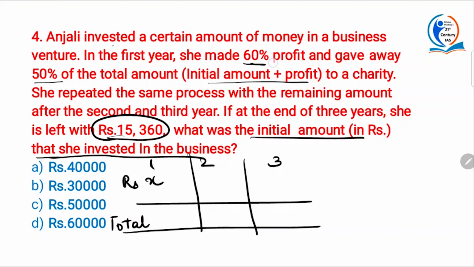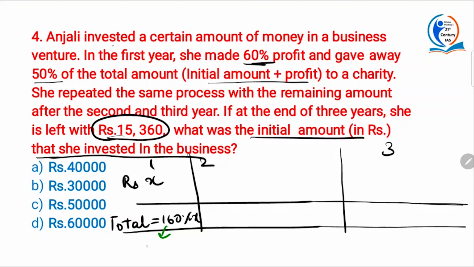So she's gaining 60% profit, which means her total amount is becoming 160% of X. Out of which she is giving 50% to the charity. That means she's giving 80% of X to the charity and 80% she is reinvesting. What is 80% in fractions? It is 4 by 5 of X.